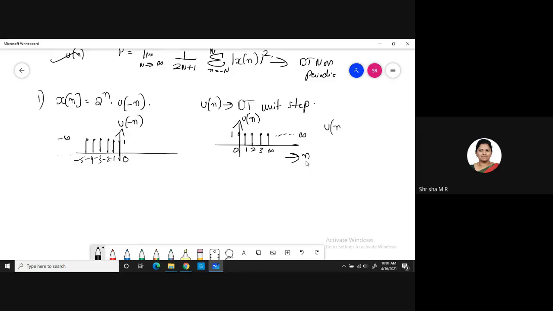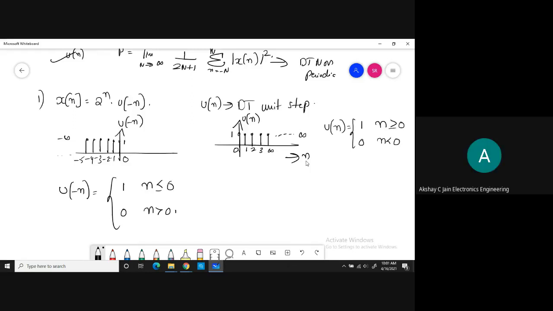U of n is equal to 1 for n greater than or equal to 0, and 0 for n less than 0. Whereas u of minus n is 1 for n less than or equal to 0, and 0 for n greater than 0. This is the definition of the discrete time unit step signal.